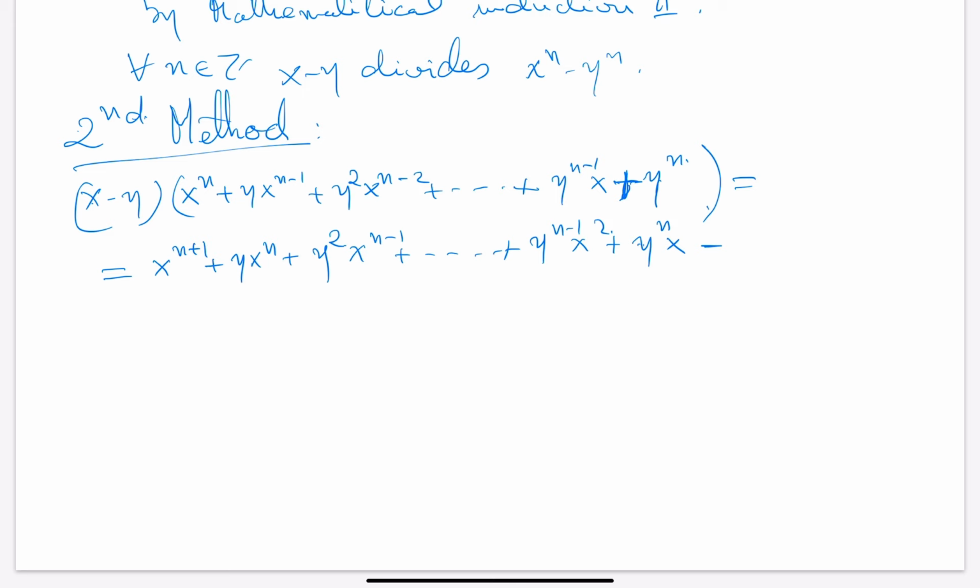Now you have negative y times this one. You will have negative x to the n y. And the next one, minus y square x to the n minus 1. And the next one, y to the third x to the n minus 2, and so on. And you reach here, you will have y to the n x. And this one, you will have minus y to the n plus 1.